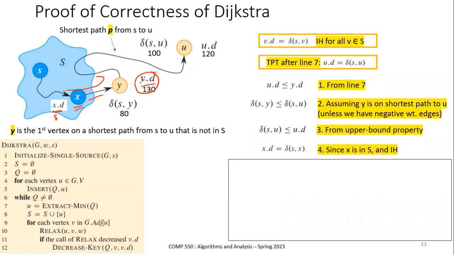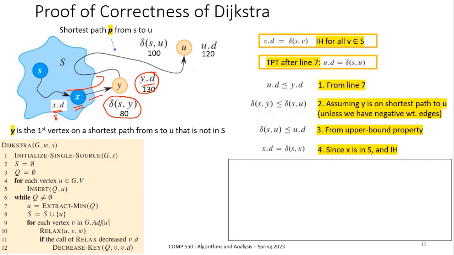The estimated Y. What does it say about the estimated Y in comparison to delta? Yeah, that's exactly what the convergence property said: as soon as those conditions are true and you do a relaxation, then the estimate at Y is going to be equal to delta.